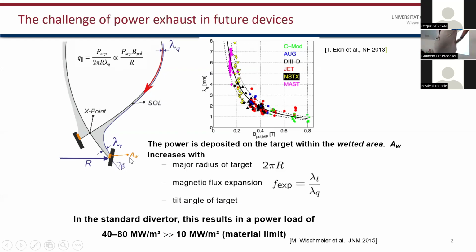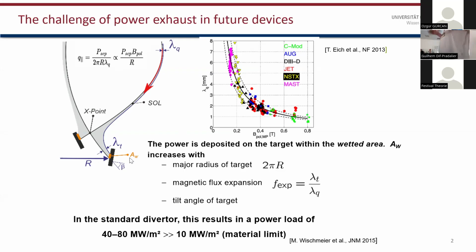This depends on several quantities, one of them being how much power you cross the separatrix with, but then also lambda q, which is the broadening of this heat flux in this channel.